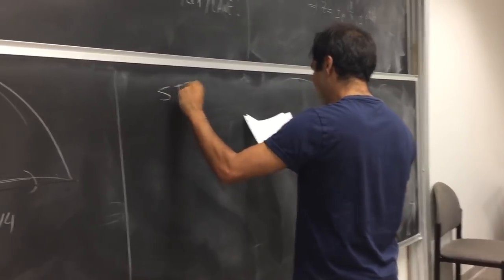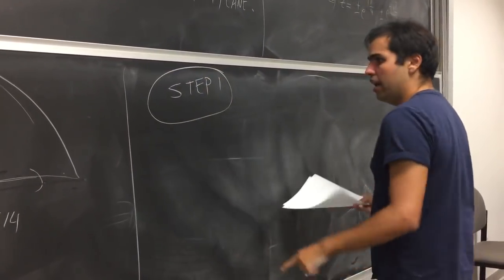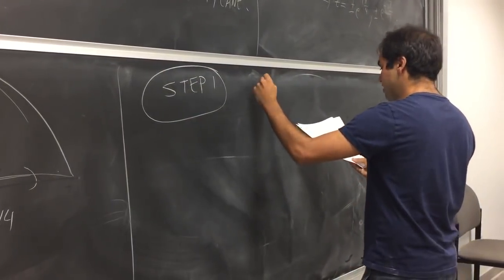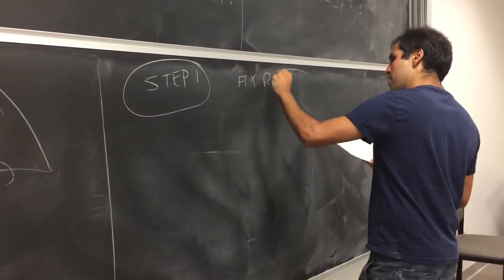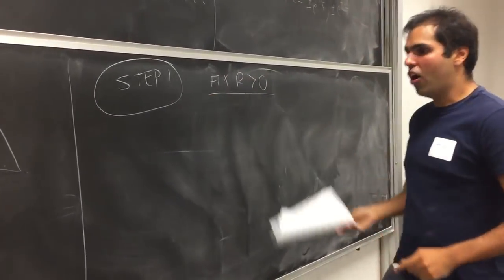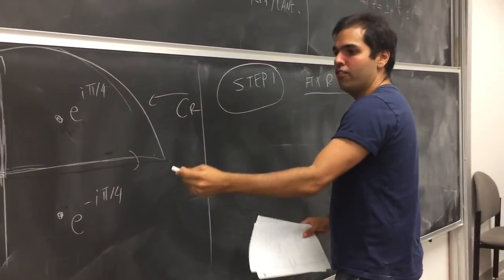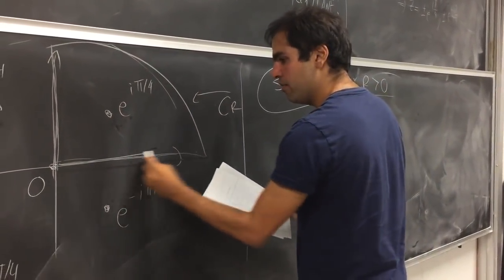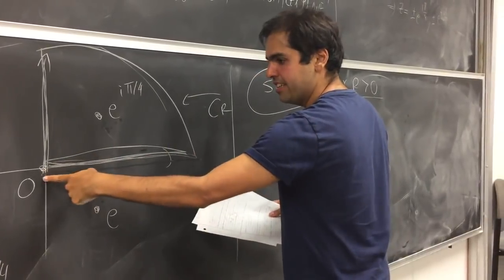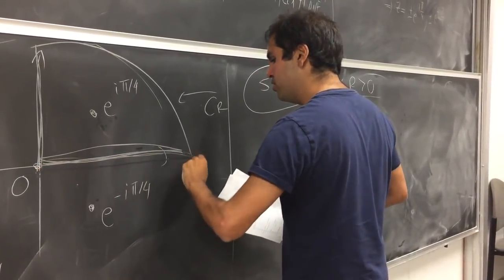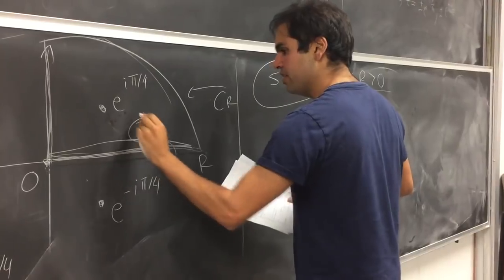So step 1. Fix R positive. The idea is we will take R to infinity, and let C_R be the following curve. It consists of, first of all, the real axis going from 0 to R, so let's call this 1.